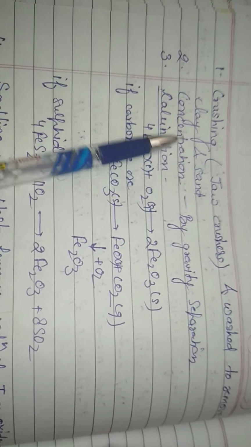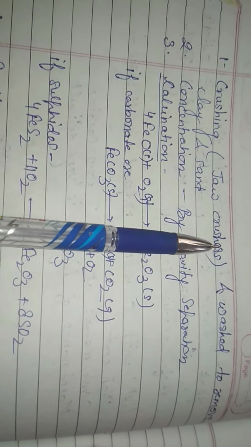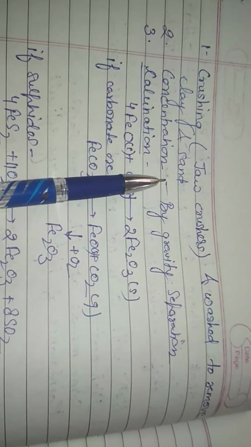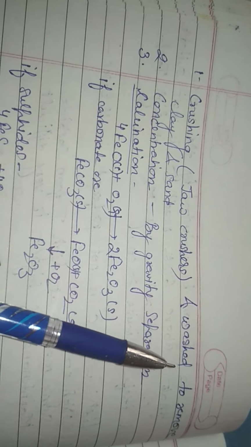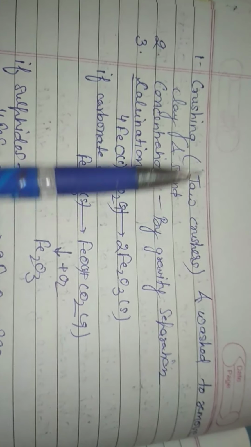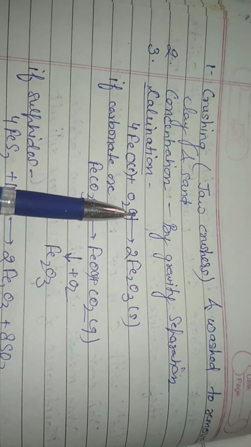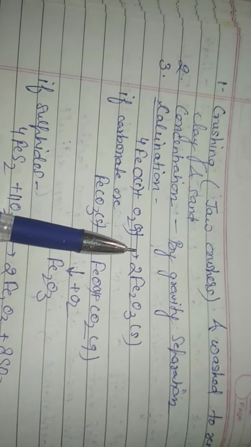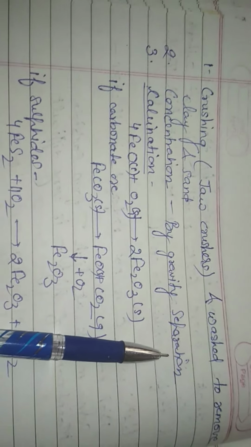So the first process is crushing. In this process, the ore is crushed by jaw crushers and washed to remove all the clay and sand present in it. The second process is the benefaction or concentration of the ore.